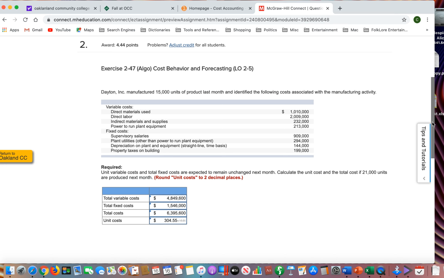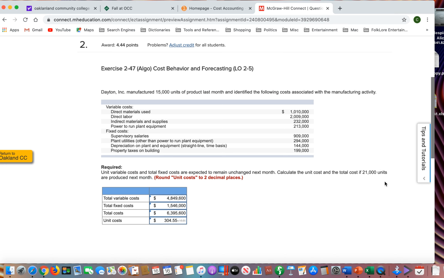Dayton manufactured 15,000 units last month, and these are the costs right there. Now they want us to calculate. The variable cost and total fixed costs are expected to remain the same for the next month. But this time, instead of producing 15,000 units, they're going to produce 21,000 units.